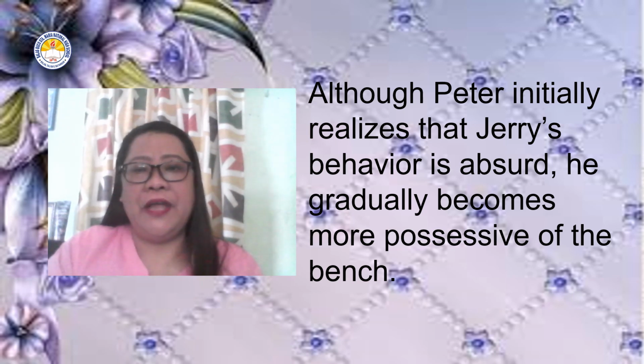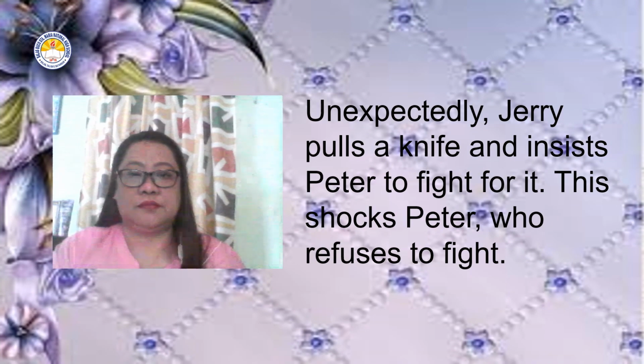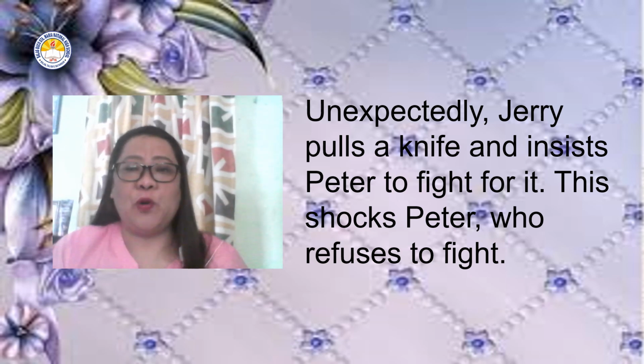Although Peter initially realizes that Jerry's behavior is absurd, he gradually becomes more possessive of the bench. Unexpectedly, Jerry pulls a knife and insists Peter fight for it. This shocks Peter, who refuses to fight.